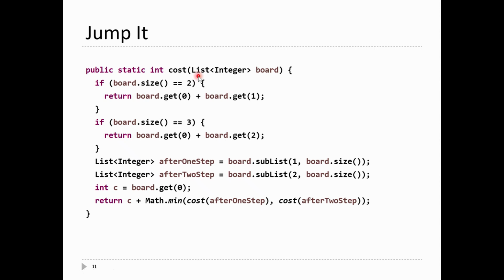Okay, so we've been talking about ArrayList, and here I'm using List. What's relevant for right now is that in Java, an ArrayList is a type of List, and so you can happily pass an ArrayList to this method and it will work just fine. Technically, List is what's called an interface. I'm pretty sure I'm going to talk about that in the next lecture to explain exactly what's going on here.